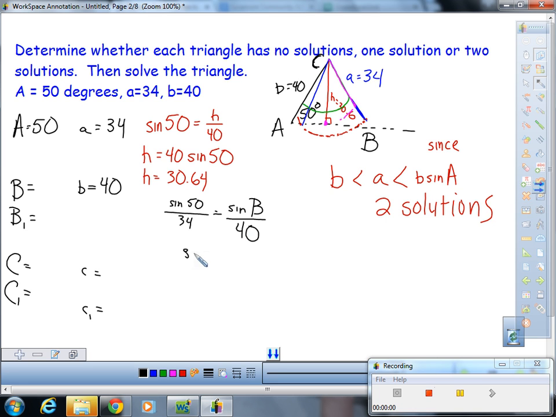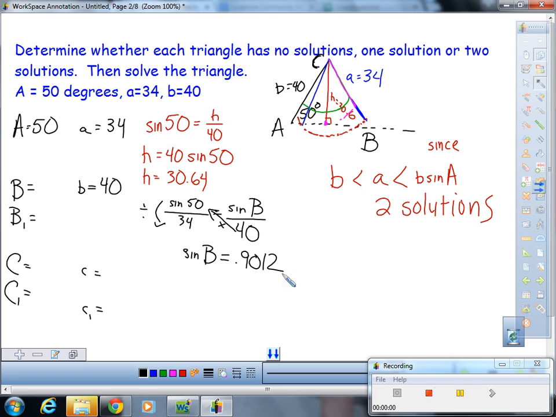You're going to have sine of B equals, and you multiply that way, and then divide that way. Can you do that for me, Caitlin? Do 40 times sine of 50, hit equals, and then do divided by 34. What do you get? 0.9. Keep going. 0, 1. Keep going. Okay, good. We're going to go 4 digits on that one.